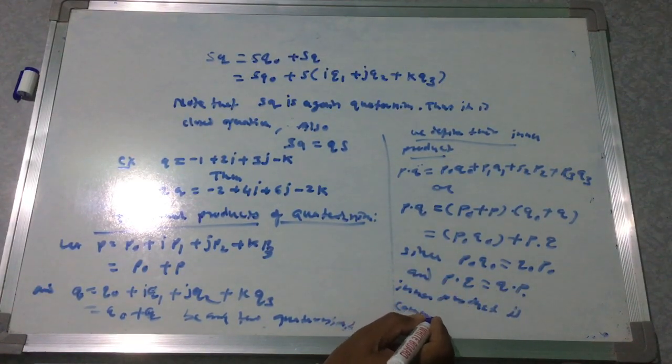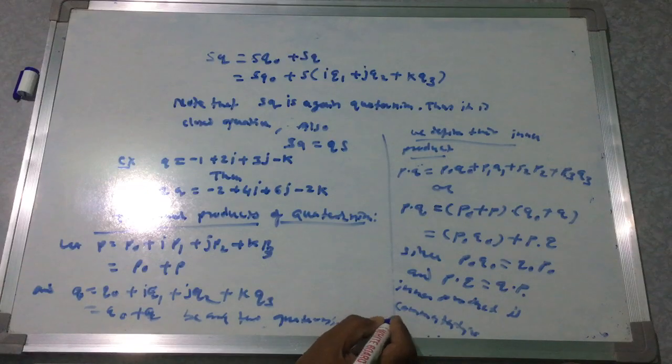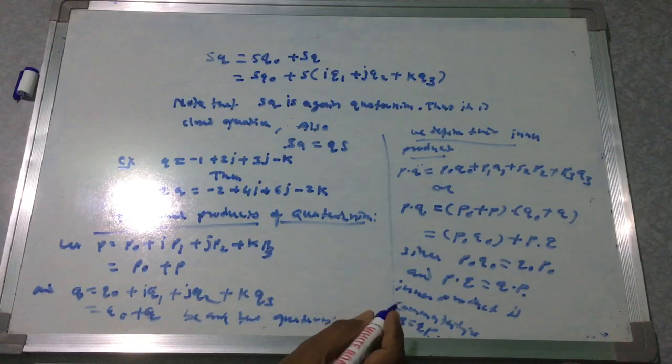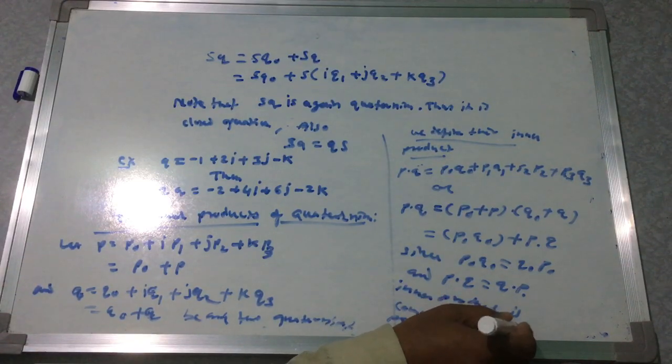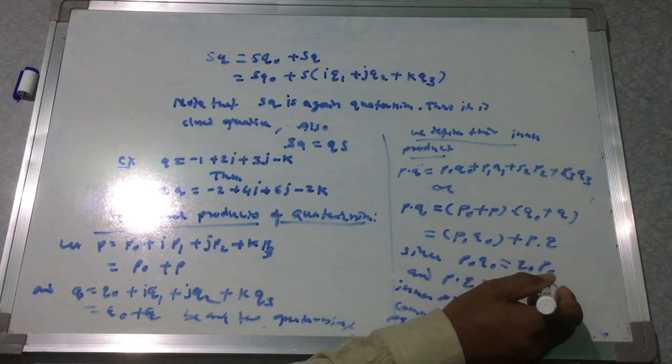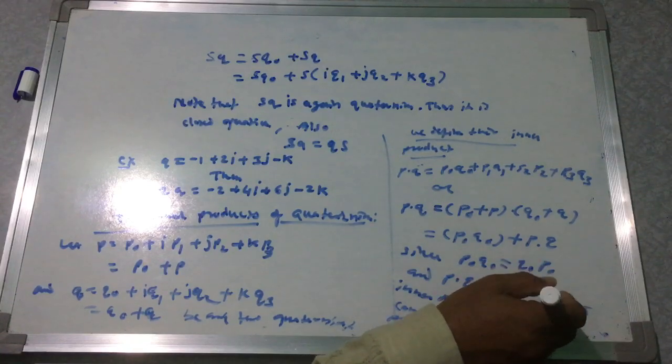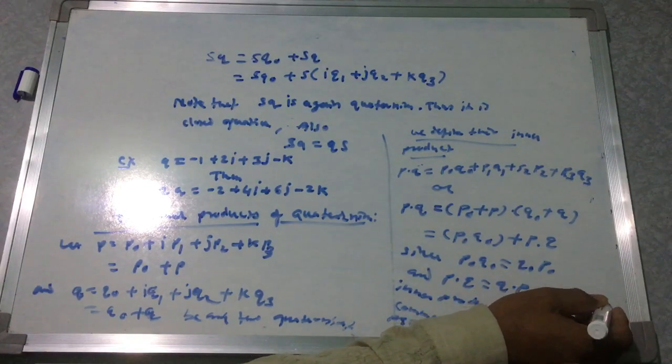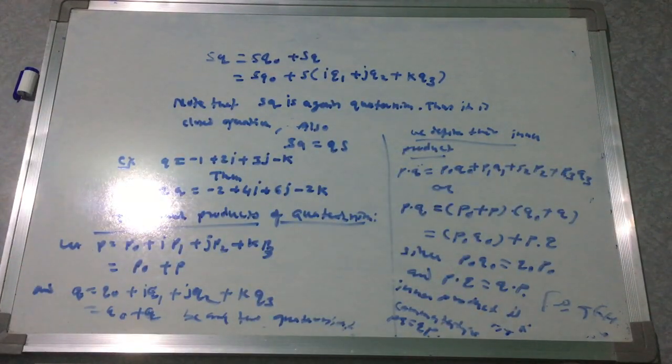That is PQ is equal to QP, where P and Q belong to H. So in this manner we have the inner product of quaternions. So this is the theory.